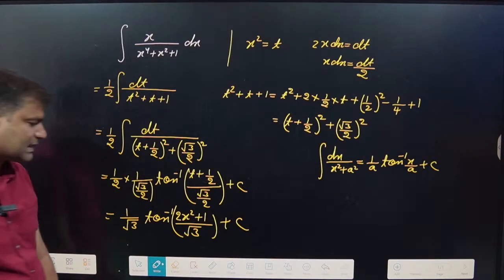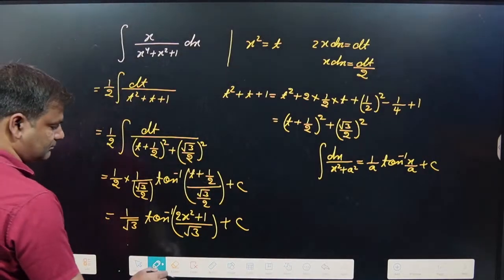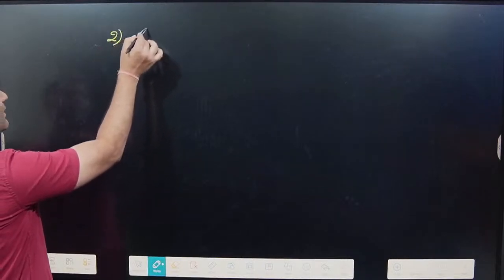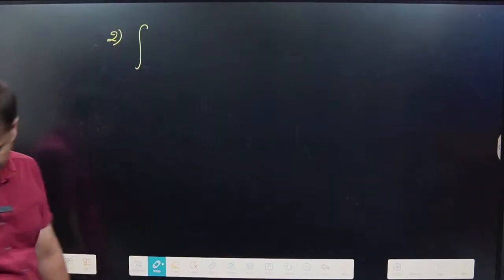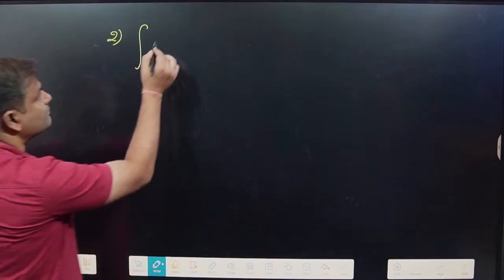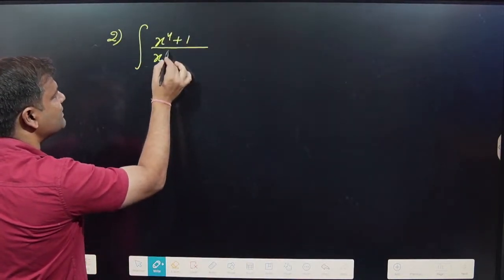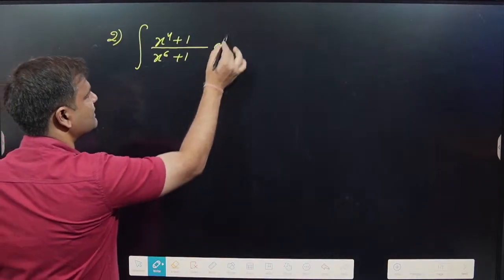Now next target, we have to focus on the next question, question number 2: integration of x to power 4 plus 1 upon x to power 6 plus 1 into dx.